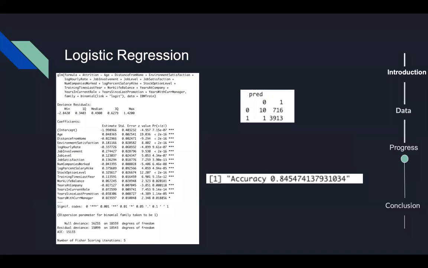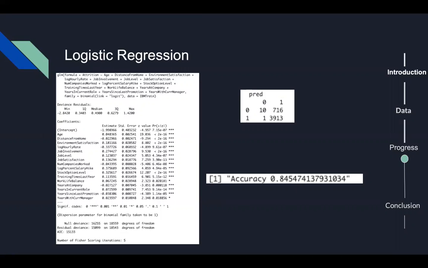We also did a logistic regression. First, we used the generalized linear model function with a binomial family. As you can see from the results, almost every variable is significant. After I predicted on the test set, that's the table for the confusion matrix, we got 716 false negatives and 1 false positive.